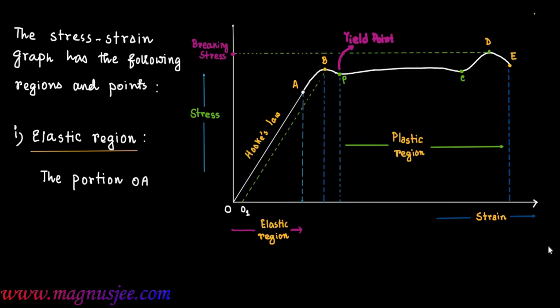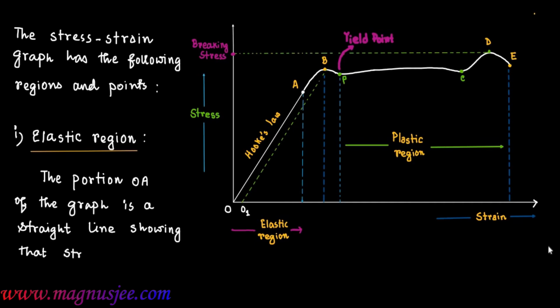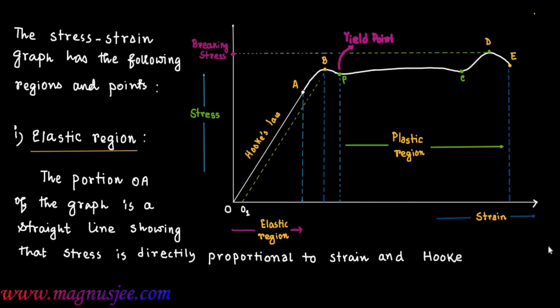The portion OA of the graph is a straight line, showing that stress is directly proportional to strain.